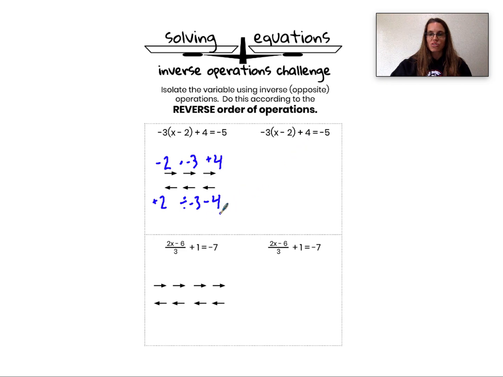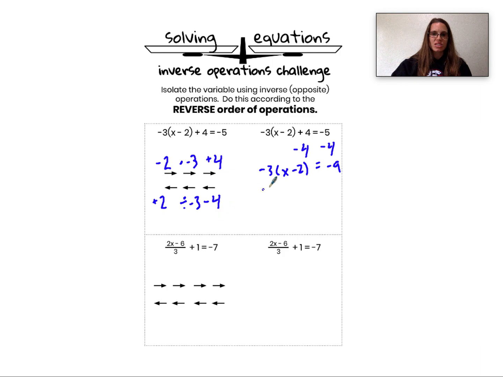This first inverse operation gives me my first step. My first step is to subtract 4 from both sides of my equation. Negative 3 times x minus 2 plus 4 minus 4 leaves me with negative 3 times x minus 2. On my right-hand side, I have negative 5 minus 4, which is negative 9.